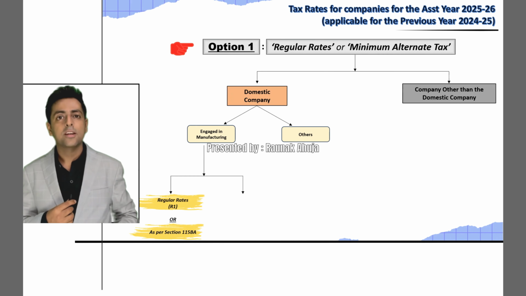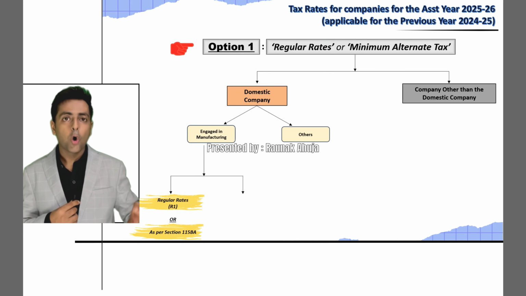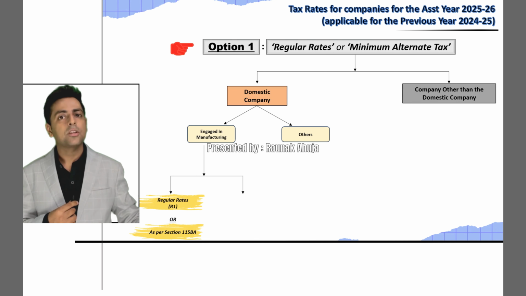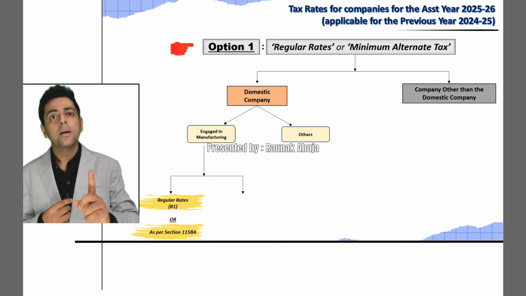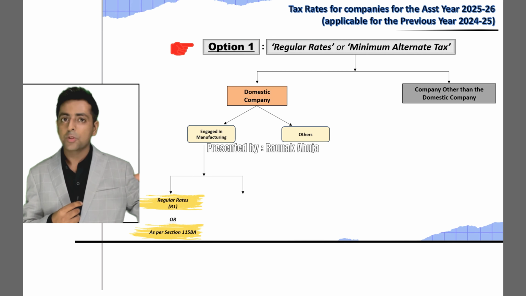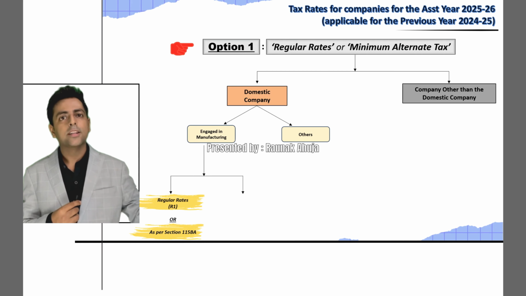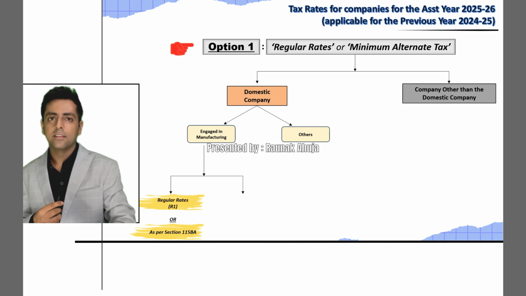So the tax rates for the companies engaged in manufacturing would be R1 or as per section 115BA. This is the option that is available to the companies that are engaged in manufacturing. They can either choose the regular rates of tax, which is R1, or the rates as provided under section 115BA.